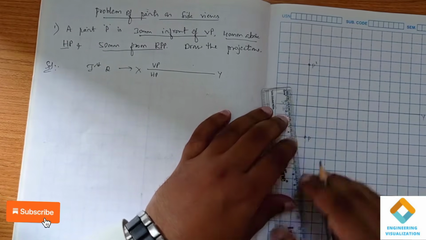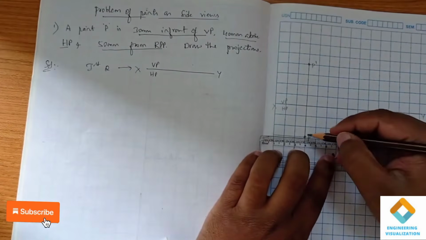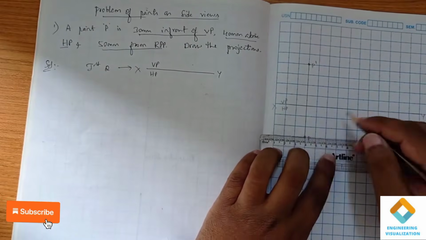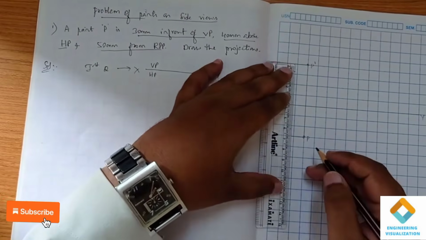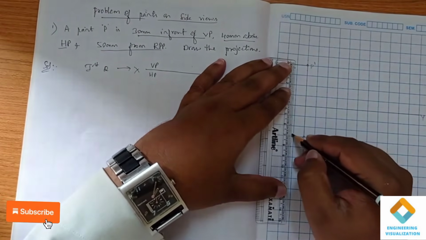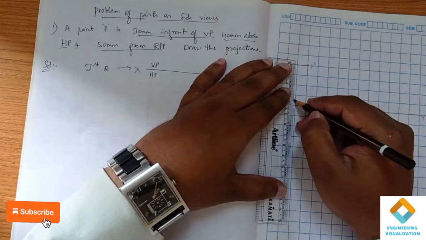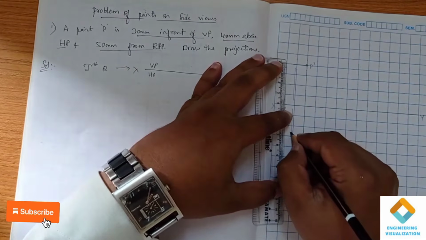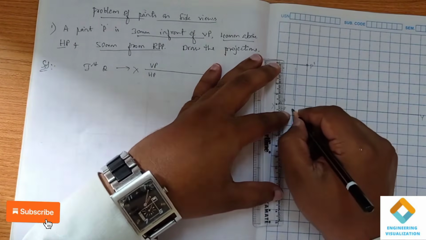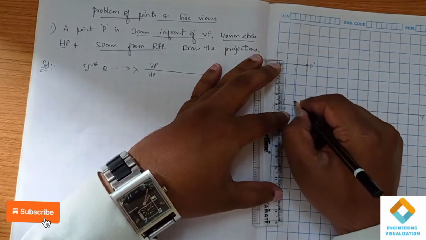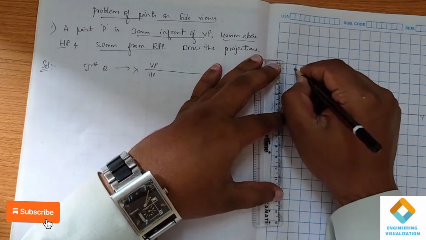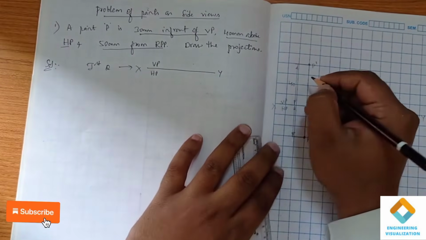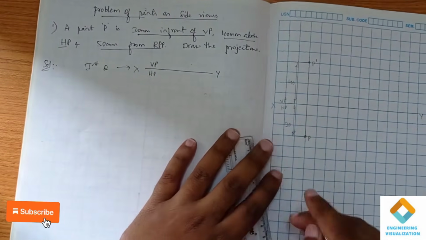It is P dash. So now we'll show with the dimensions. This is 40 mm and this is 30 mm.